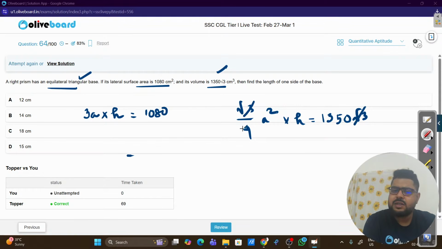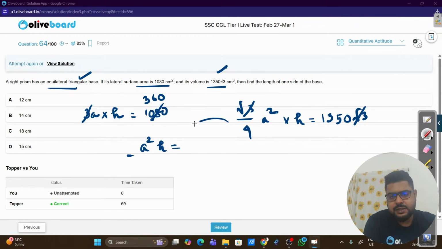Done. Just do a little bit of calculation. From here, 3 into 360, so A into H is 360. Put in the values, or rather divide these two equations. A square H is equal to 1350 into 4, and A into H is equal to 360.